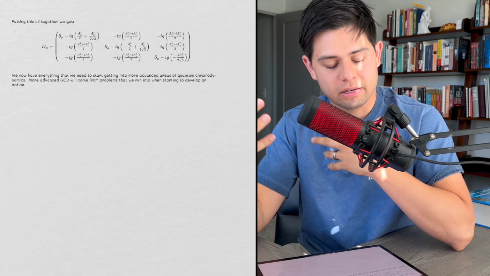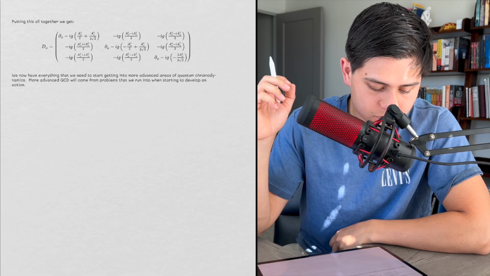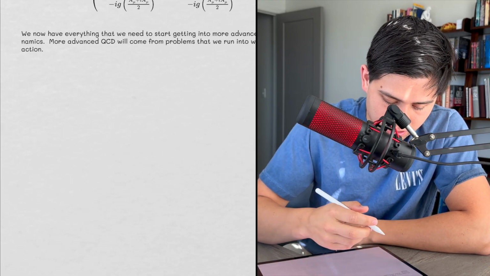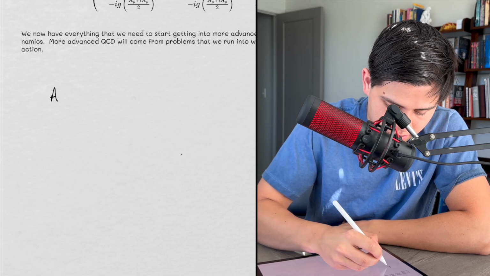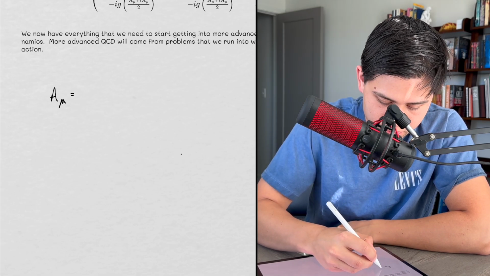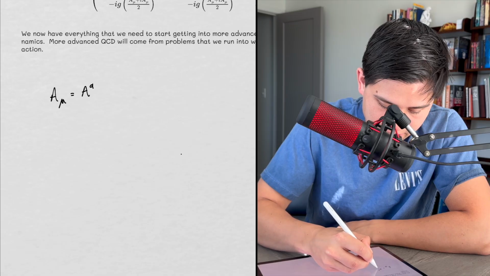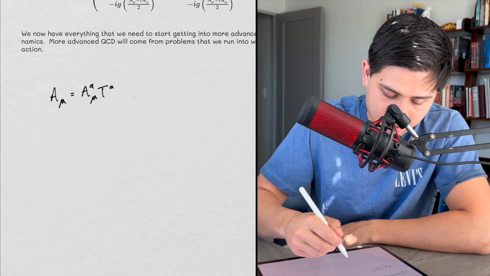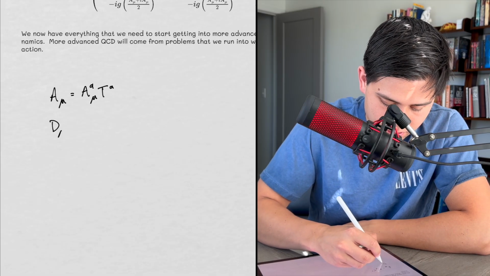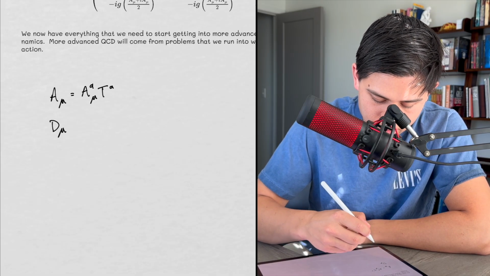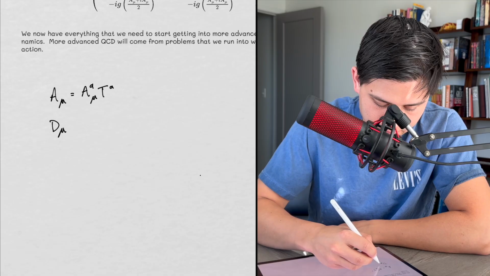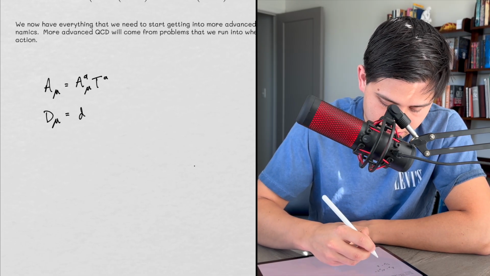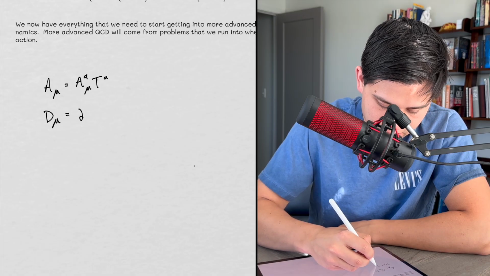So we have a matrix for this equation: this was A mu T A. Now we have a matrix for d mu. That's this thing right here.